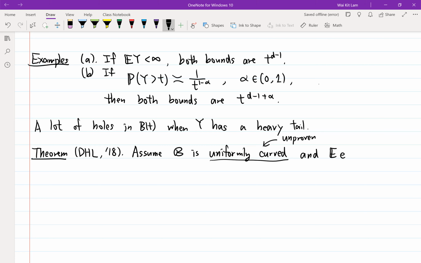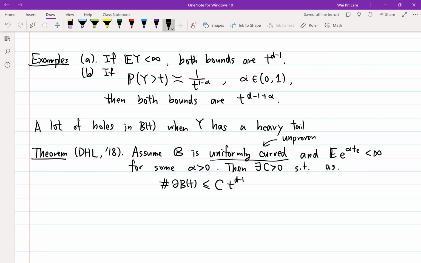And if you assume that T has exponential moments, then we can show that the edge boundary is bounded above by some constant times T to the D minus 1 times some polylog factor for large T. Okay.